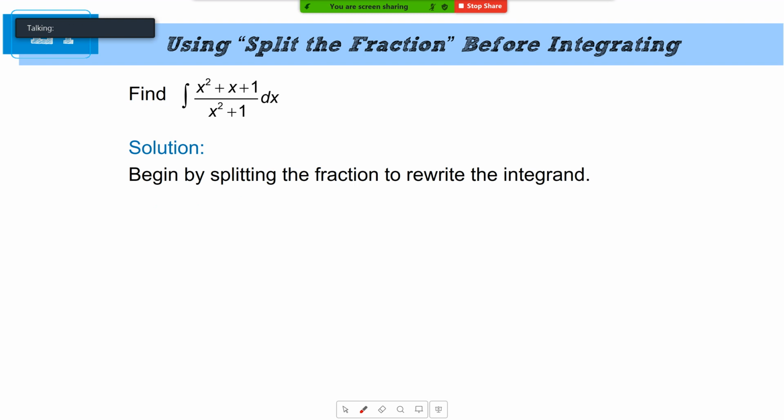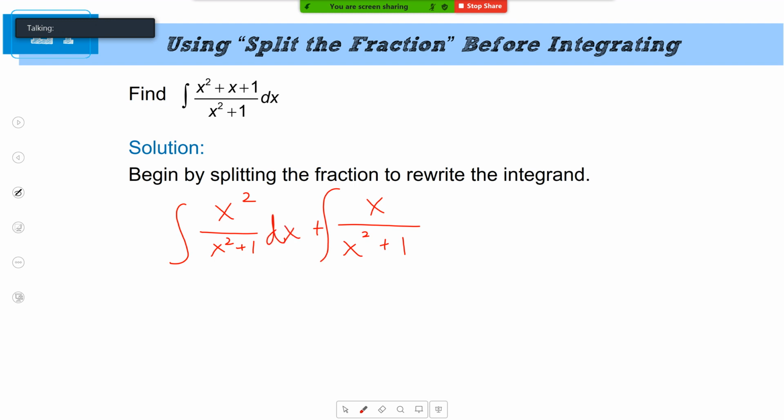Starting over. Split the numerators. I get x squared over x squared plus 1 plus x over x squared plus 1 plus 1 over x squared plus 1. So the integral of x squared over x squared plus 1 dx, plus the integral of x over x squared plus 1 dx, plus the integral of 1 over x squared plus 1 dx.